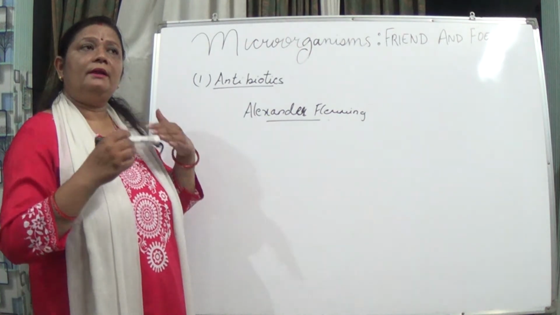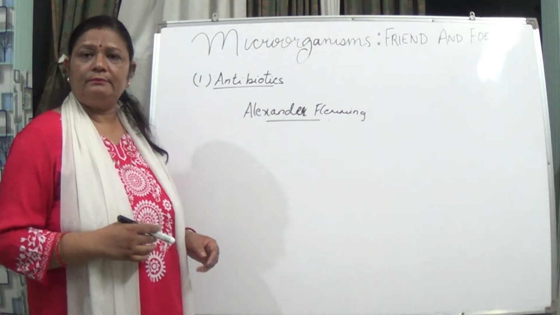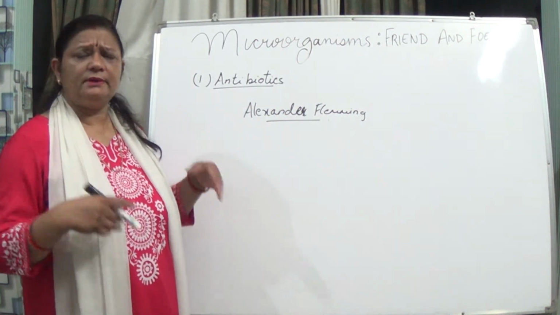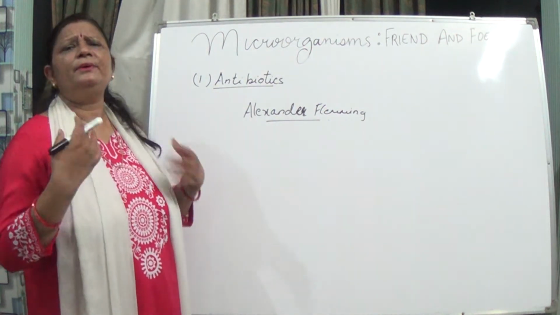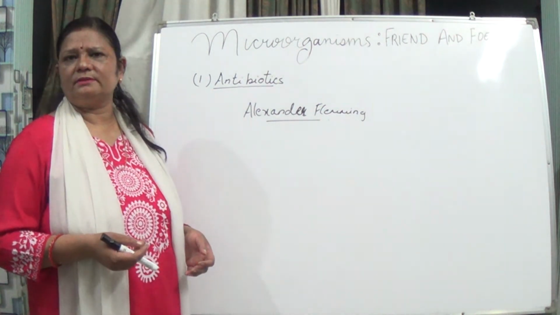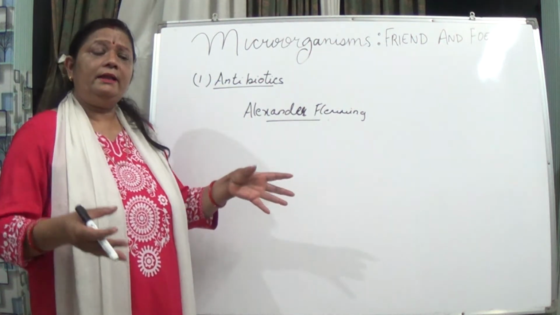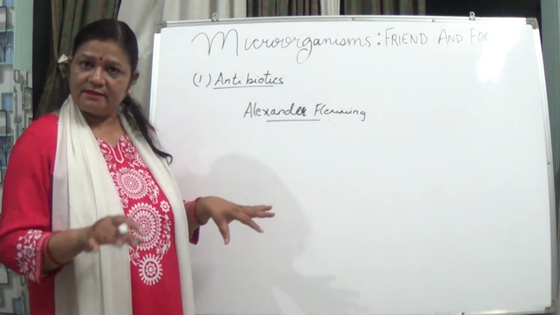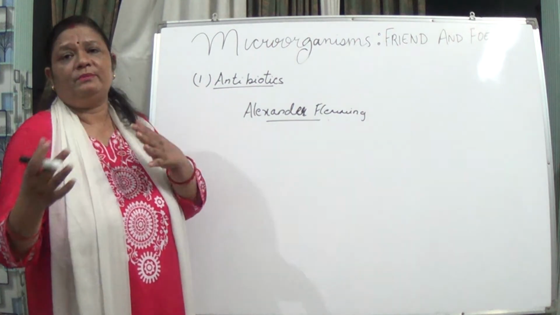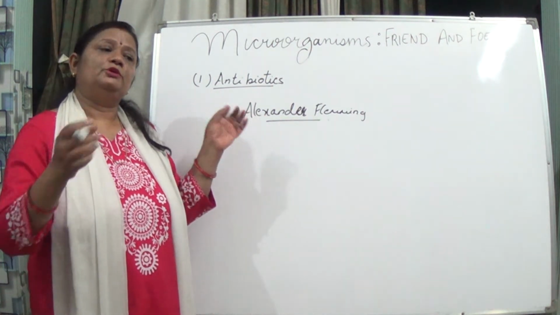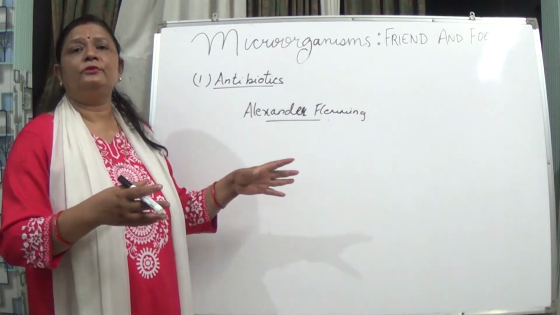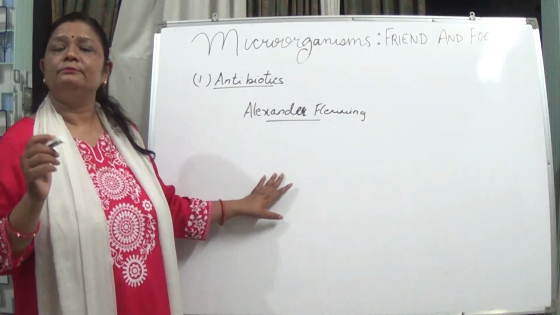Regarding animals like poultry and livestock, they are infected by microorganisms, so in order to provide them antibiotics, it is mixed in their food, and as a result they can be protected from the growth of harmful microorganisms in their body.